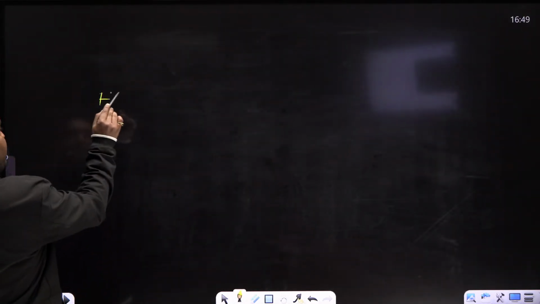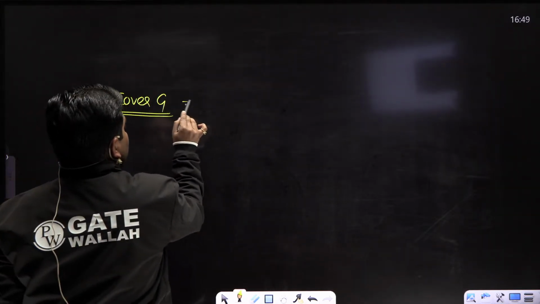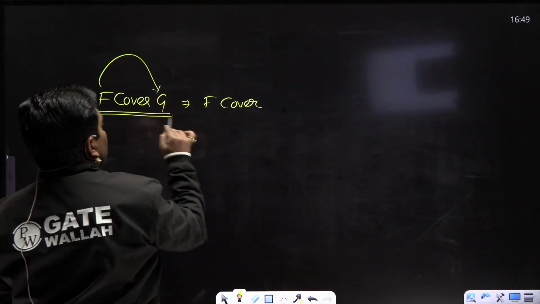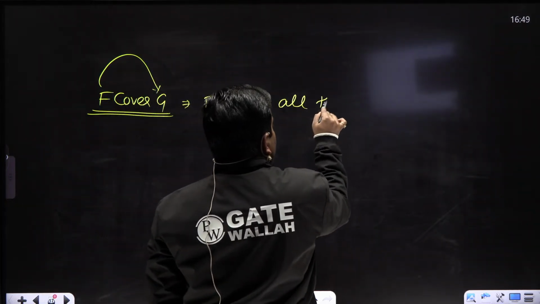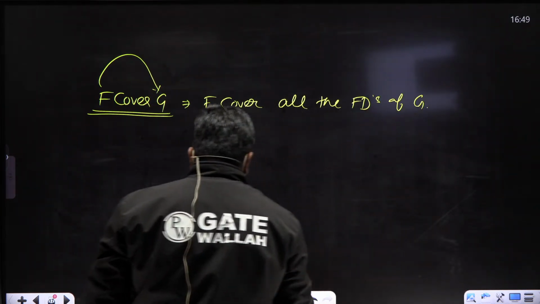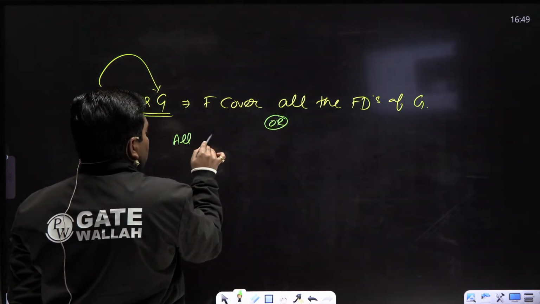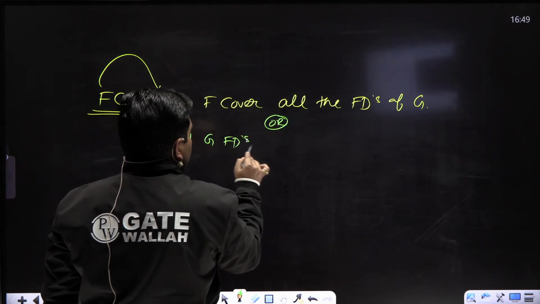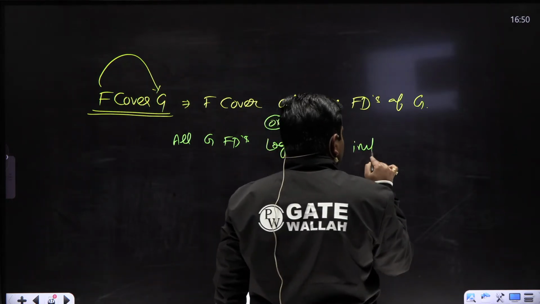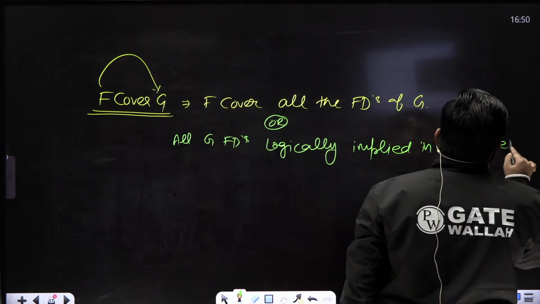Look, F covers G means what? Very simple: F covers all the FDs of G. This is the simplest definition. Or in technical terms, all G FDs are logically implied in the F FD set.